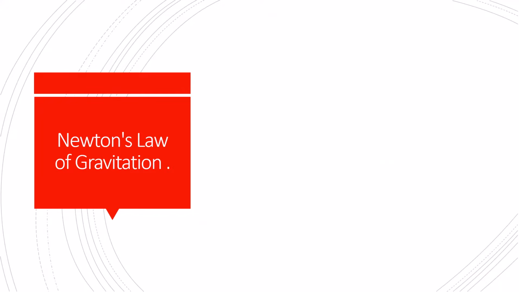Now move on. We study Newton's law of gravitation. We consider two masses, capital M and small m. One of them is the larger mass and one is smaller. Their distance apart is r.